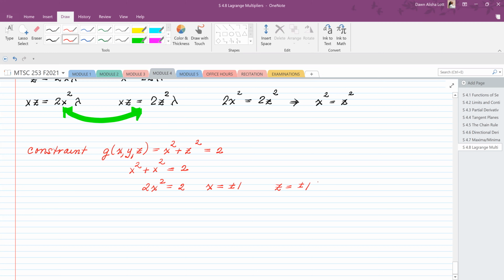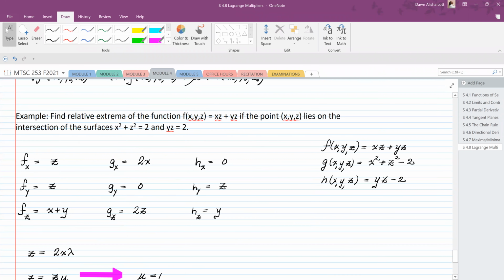And now I have to go back and solve for y. My other constraint is yz equals 2.